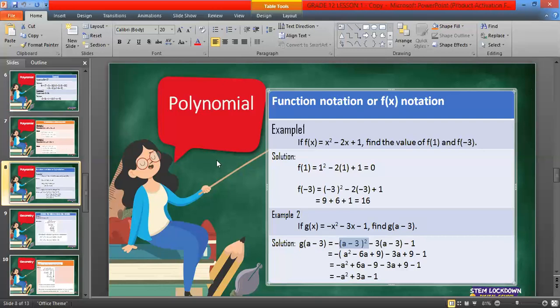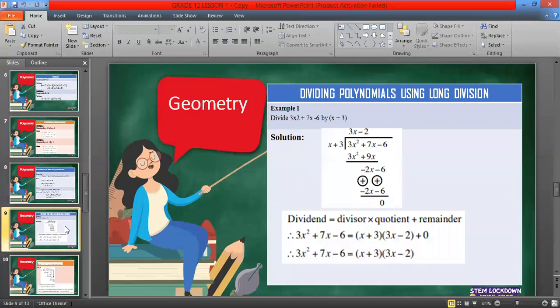All right. That being said, let's see now dividing polynomials using long division. So how do you divide polynomials using long division?